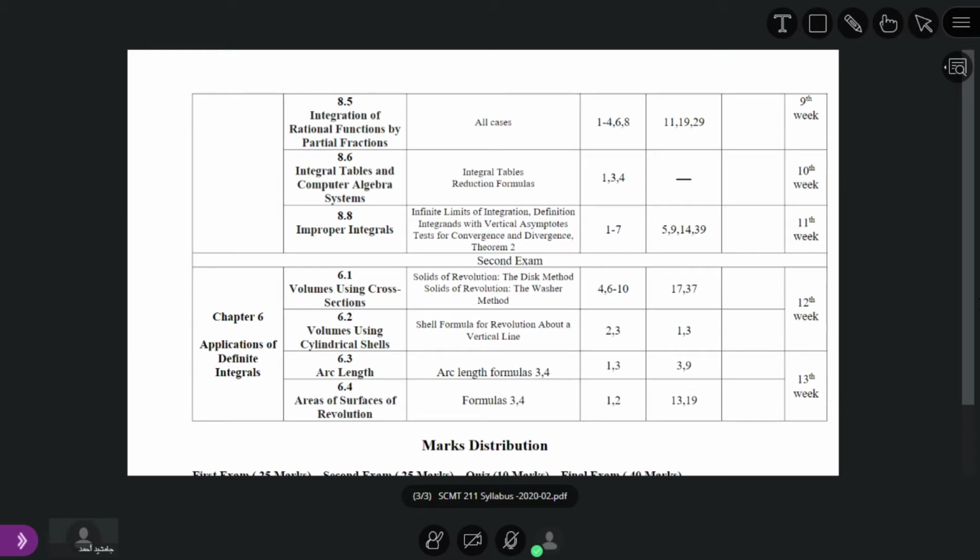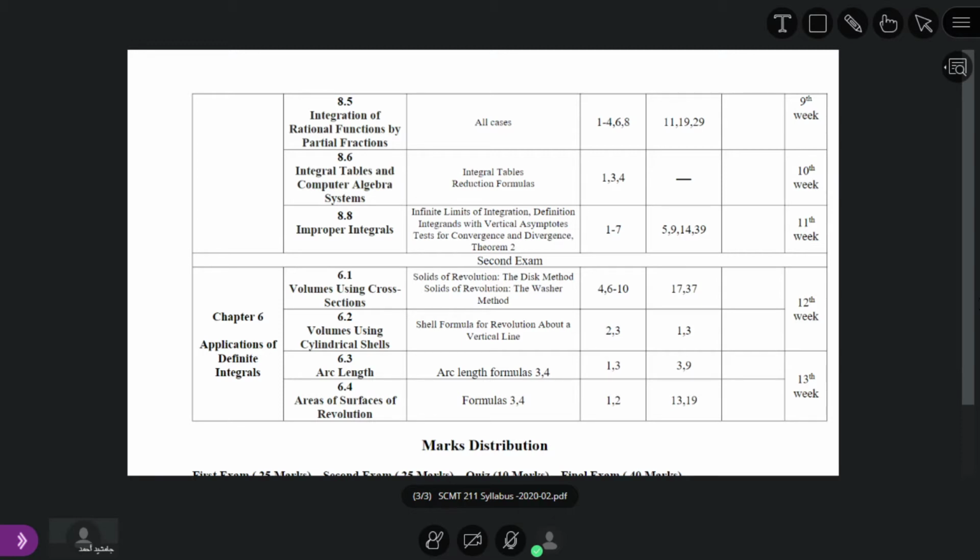After that, we have integration by partial fractions. Integration by partial fractions means we have a rational function. A rational function means a function divided by a function, and the degree of the denominator will always be greater than the degree of the numerator.